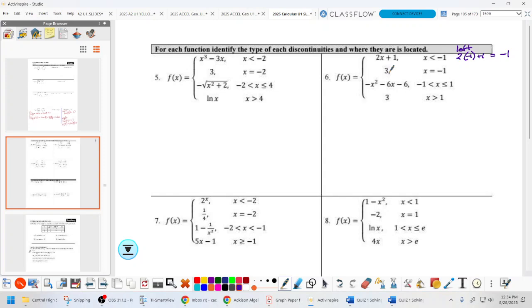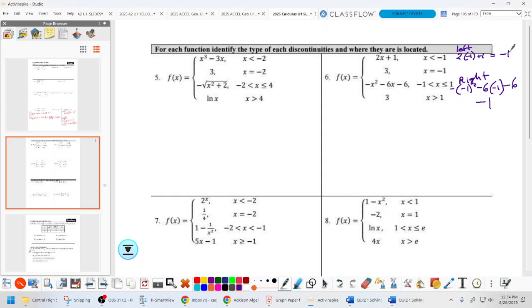Coming in from the right of -1 is this whole thing. So -1 squared minus 6 times -1 minus 6. So what is it? -1 plus 6 minus 6. So we just get -1. Okay.